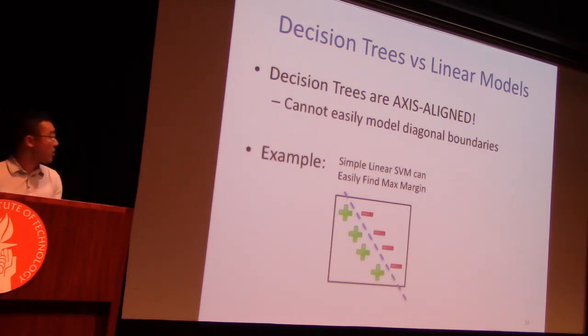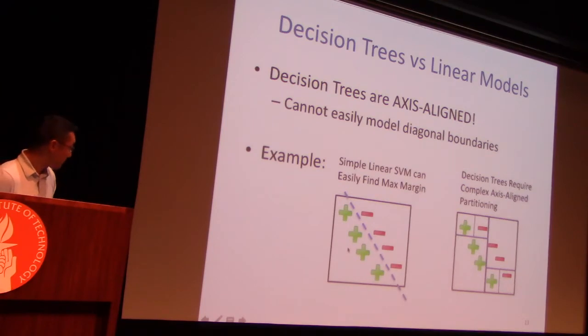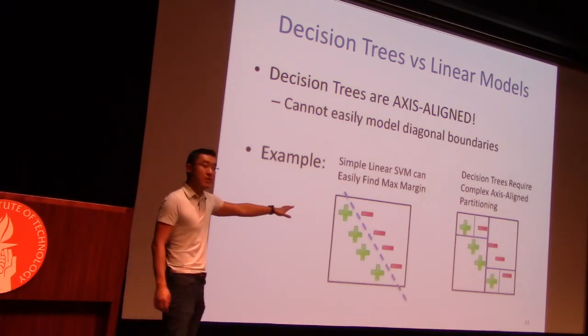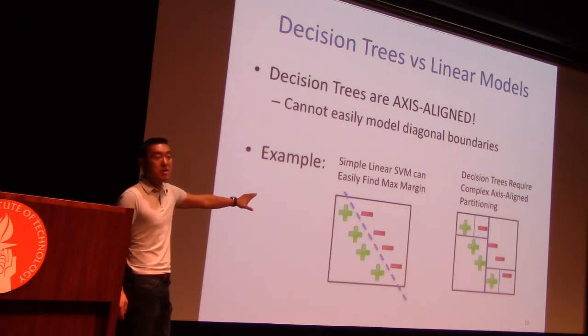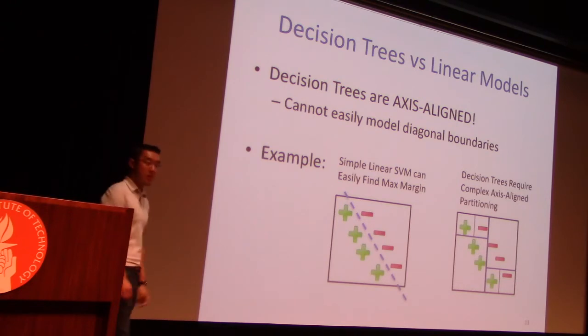For this example, a simple linear SVM or any linear model can easily find a good hyperplane that separates the positive and negative examples. A decision tree might have to look something like this. You can train a decision tree that models this data pretty well, but it's a lot more complicated than a linear model.